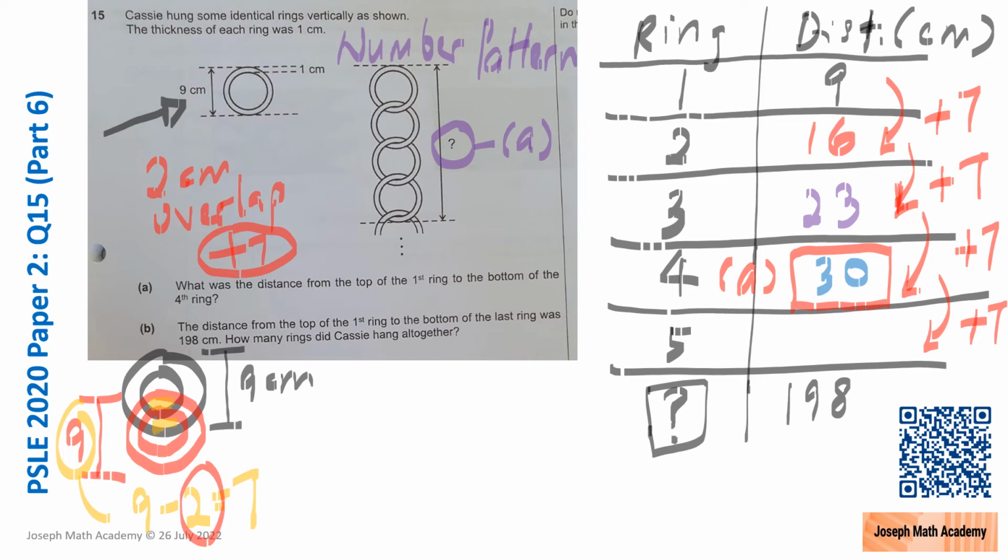So what do we normally do? We take this 198, subtract 9, the first one. This will help us to get 189.